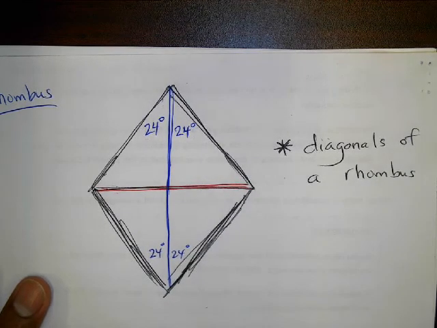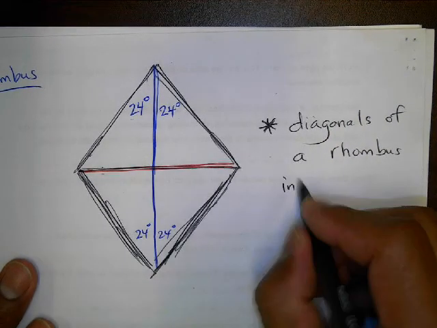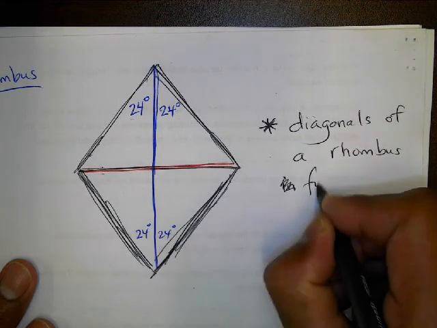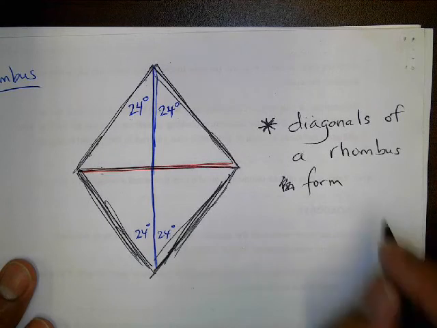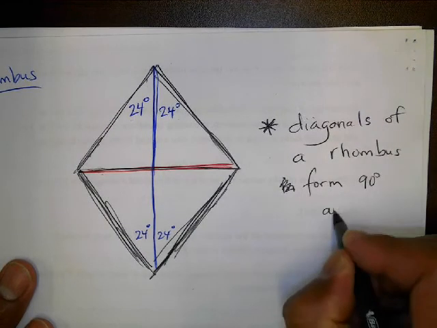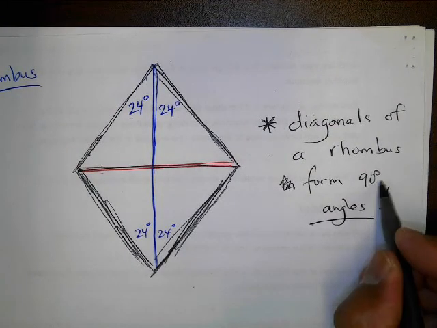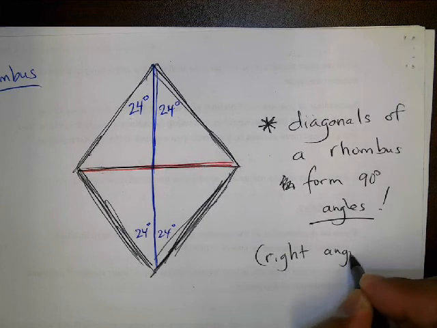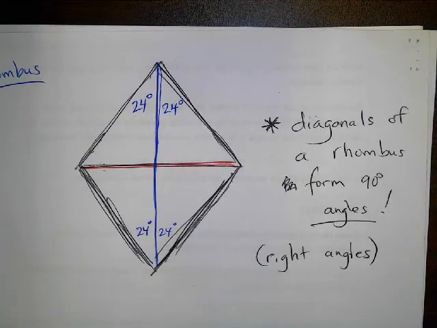The diagonals of a rhombus intersect, obviously, and form 90-degree angles. Wow, that's a big revelation right there. What does that mean? Or I could have said right angles, right? 90 degrees is right angles.